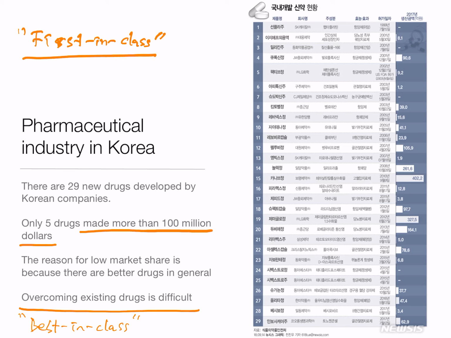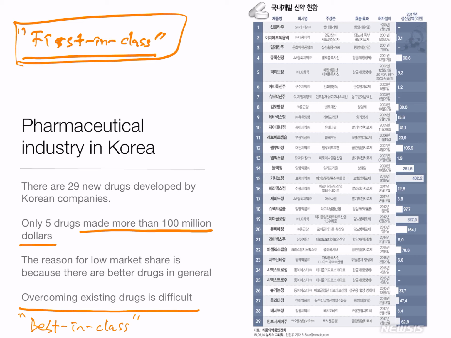So first in class means that if there is no drug for certain diseases, then if a molecule becomes the first drug to treat those diseases, it becomes first in class. This type of first-in-class drug is generally a blockbuster, because before that there was no cure, there was no drug.